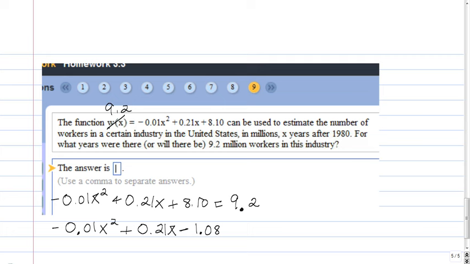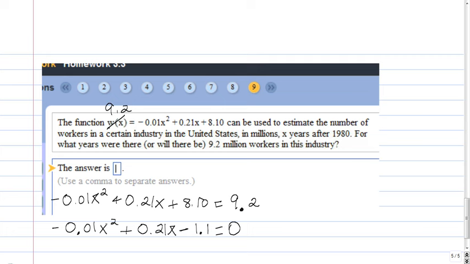That's not right. I can add, that would be 1.1. Yep, 1.1. Sorry about that. And that would be equal to 0.